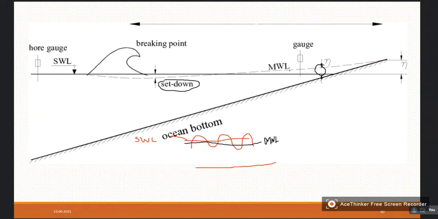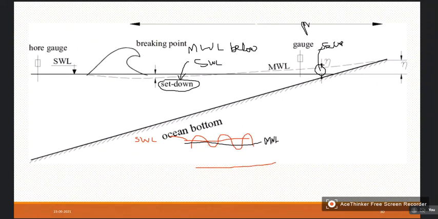If the mean water level is below the still water level, it is set down.